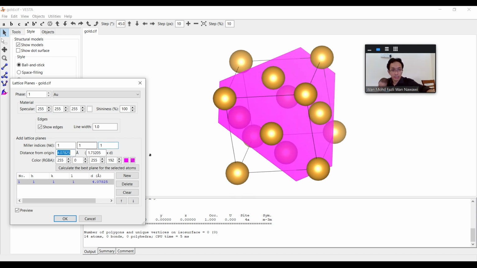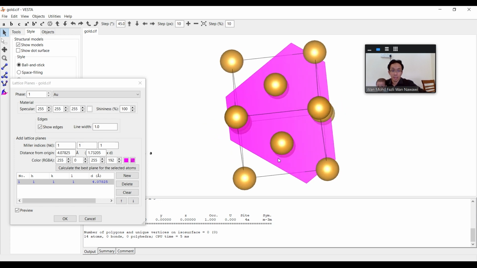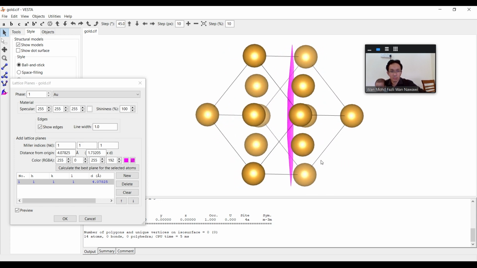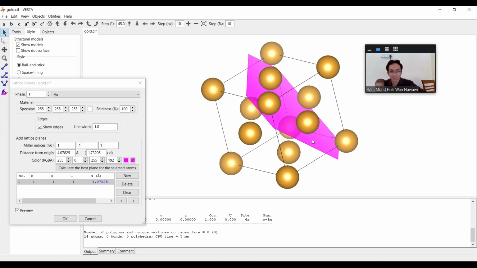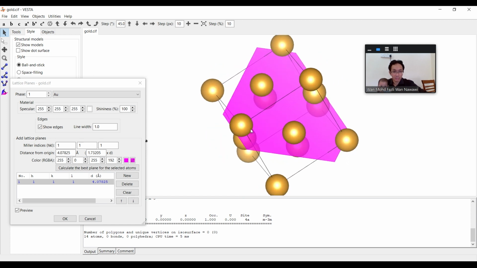Okay, enter. So if you look, this is what we saw last class, right? It seems strange, right? Why are they not sharp edged? It is because of this. If you look here, the distance from origin is 4 angstrom.